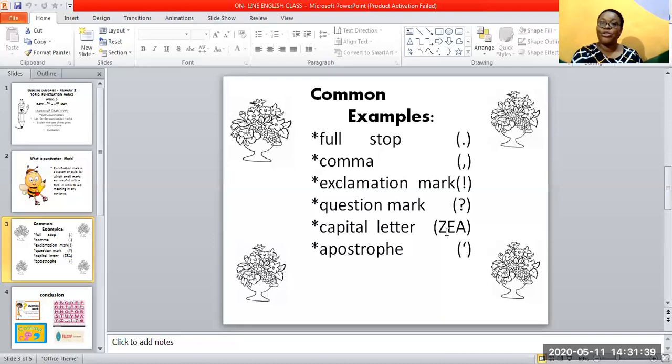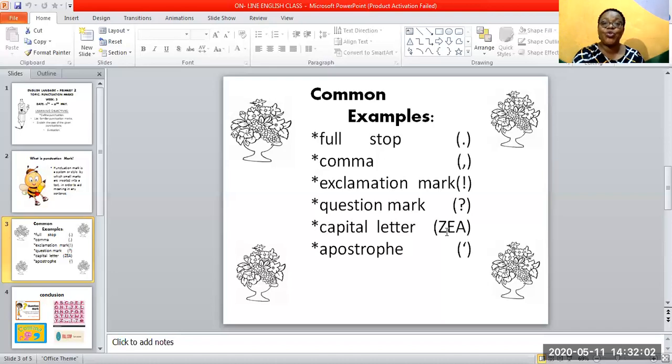Therefore, if you must write your name, Joshua Nja, J there must be a capital letter to indicate a proper noun. Nja must start with a capital letter. Why? Because it's a proper noun.